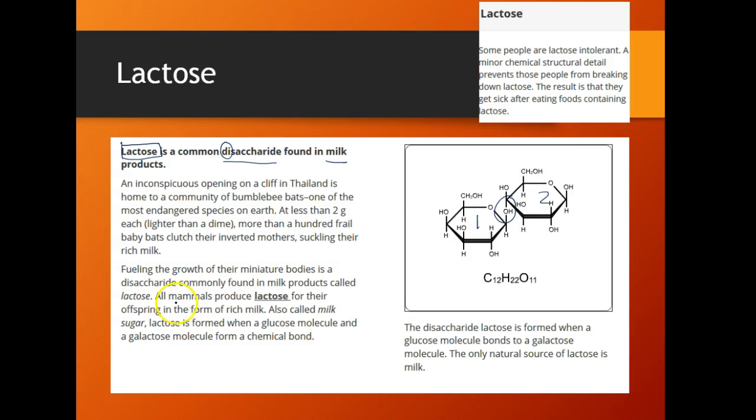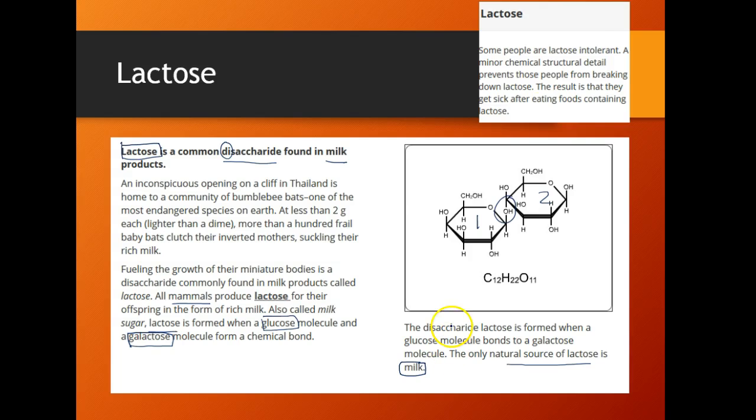All mammals actually produce lactose for their offspring in the form of rich milk. This lactose is formed when you have a glucose molecule and another monosaccharide called a galactose molecule that form a chemical bond with one another. The only natural source of lactose is actually milk.